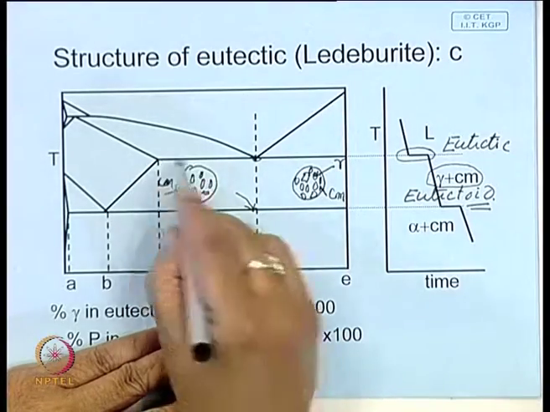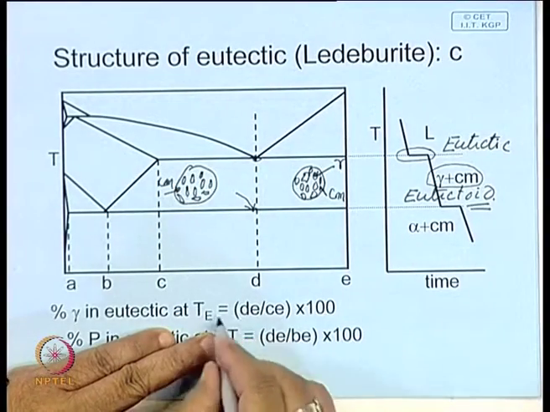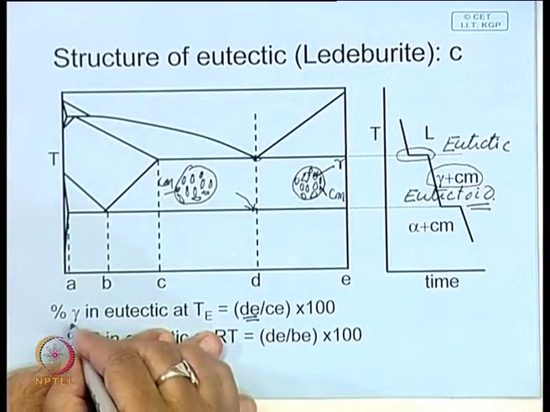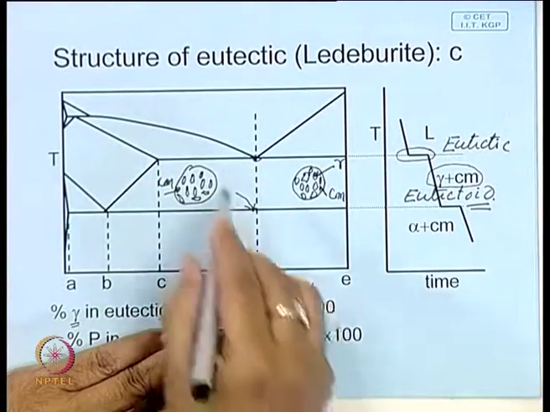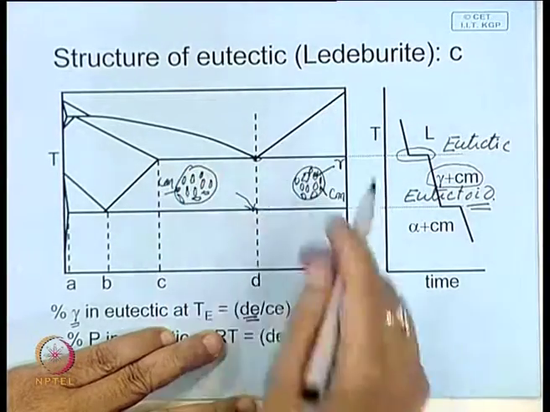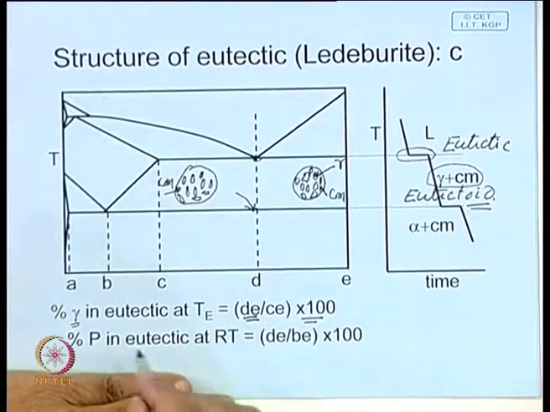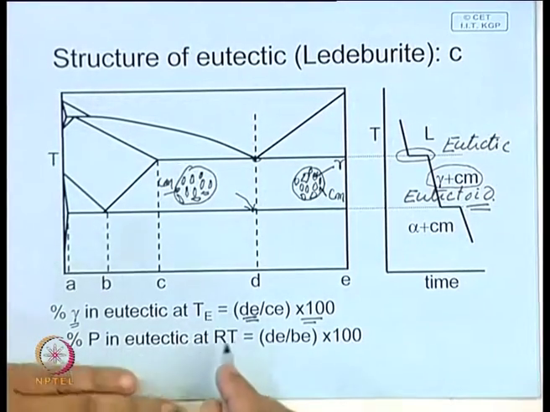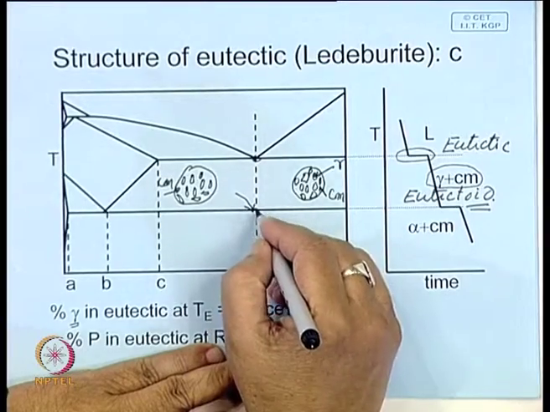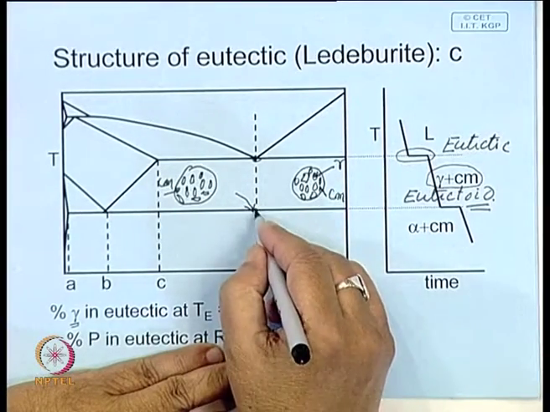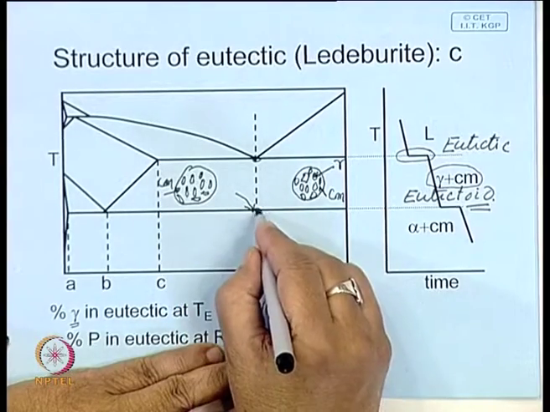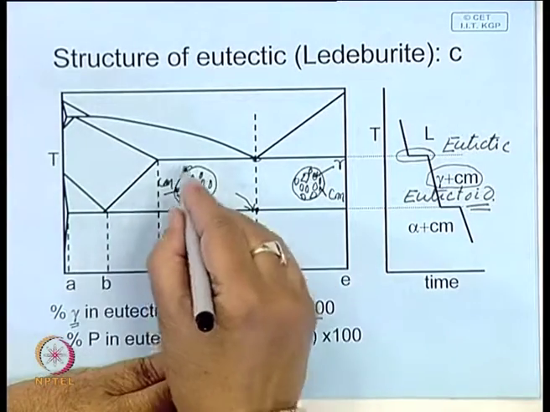So, at this eutectic temperature you can calculate the amount of eutectic. This is the amount of austenite in eutectic, this is dE over CE. But when you cool further, what happens? Here you have austenite, and its composition has changed.